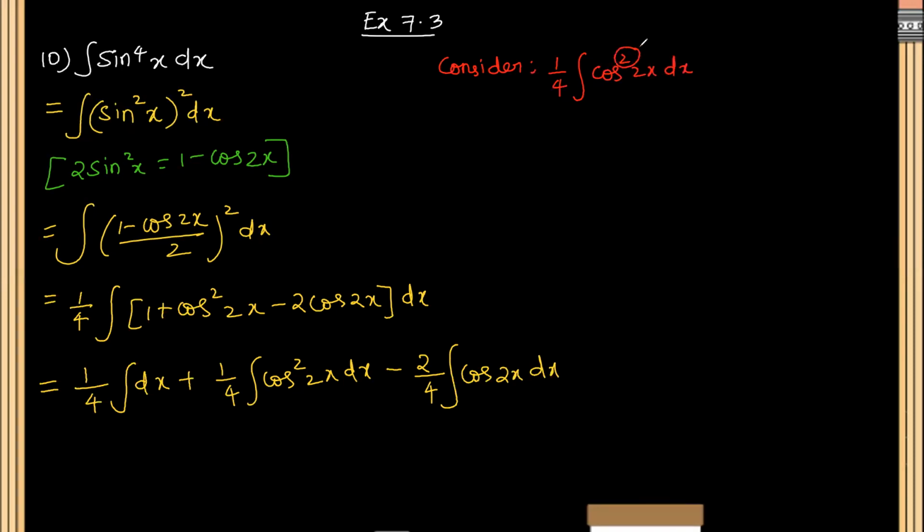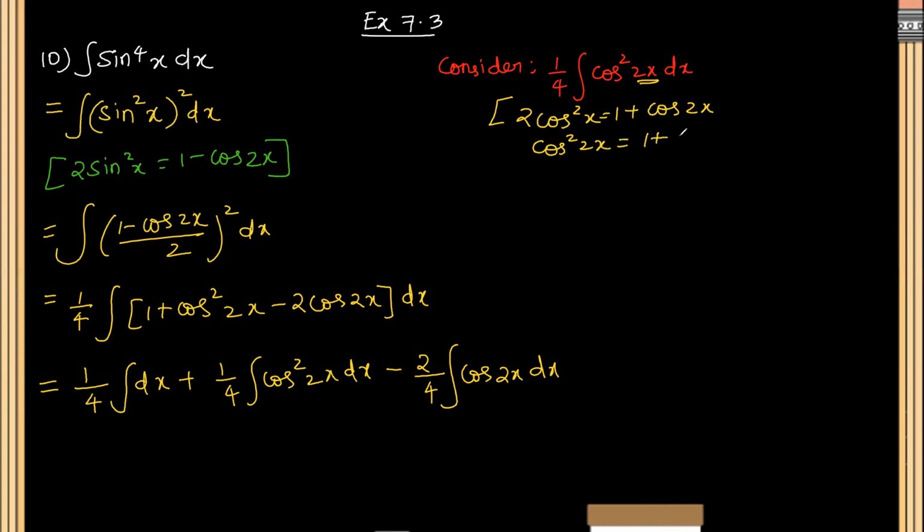Since we have power 2, we make use of the trigonometric formula. As we know, 2 cos^2 x is 1 plus cos 2x, and we have 2x inside the argument, and the 2 we don't have. Take this 2 to the right side, and in place of x, write it as 2x.